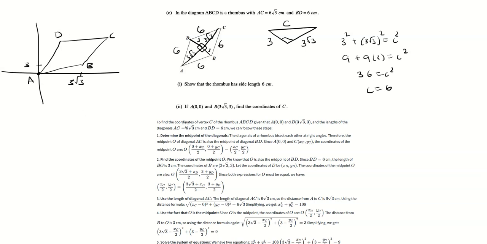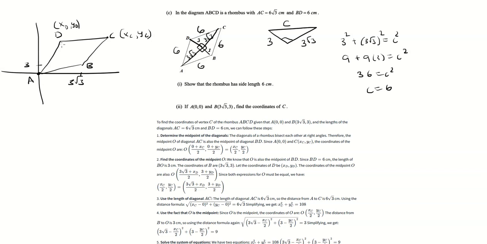We know the length AC is 6 root 3 and length BD is 6. We'll call this coordinate x sub c, y sub c, and D will be x sub d, y sub d.